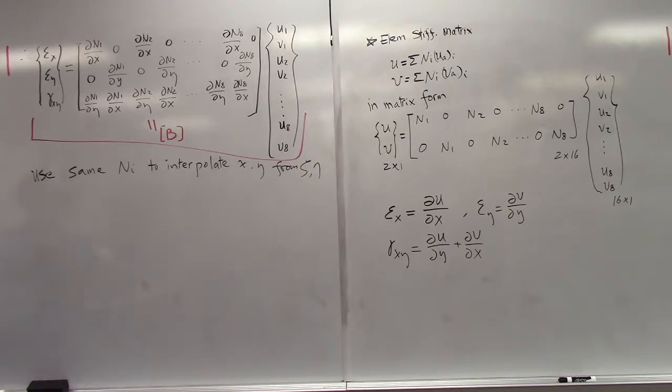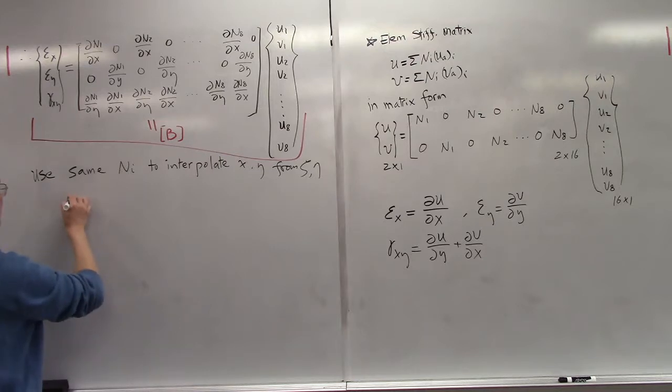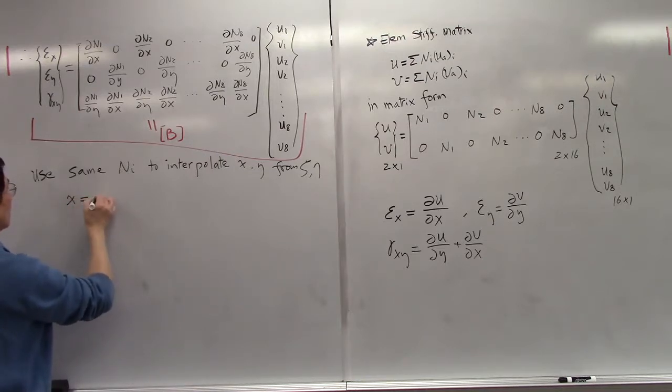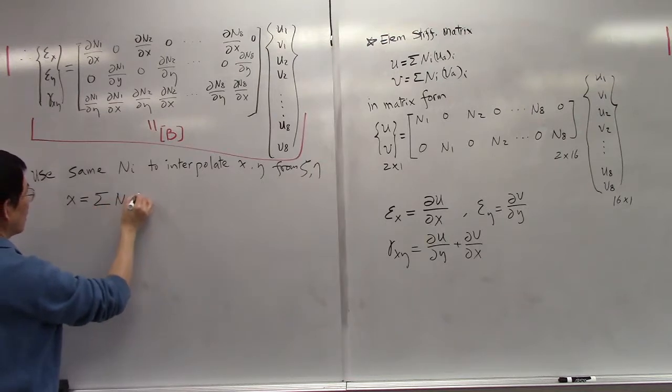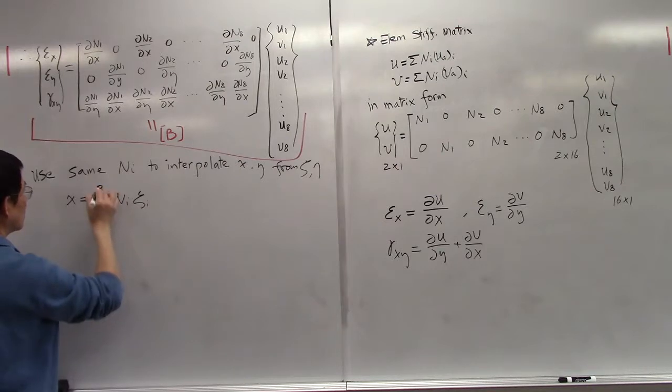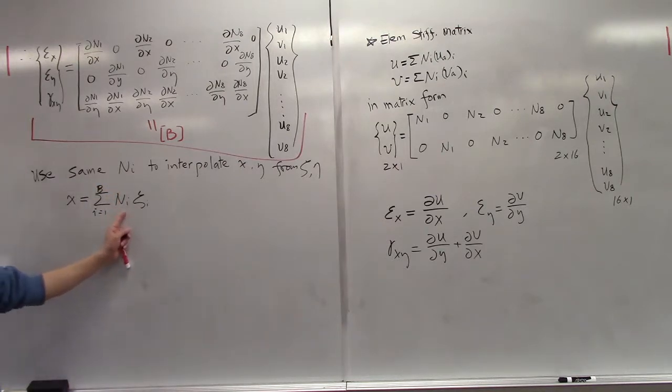So if we do that, that means x now is equal to the sum of N_i times x_i, where i is from 1 to 8. Okay? Now these x_i are the nodal positions, and these N_i are the shape functions.